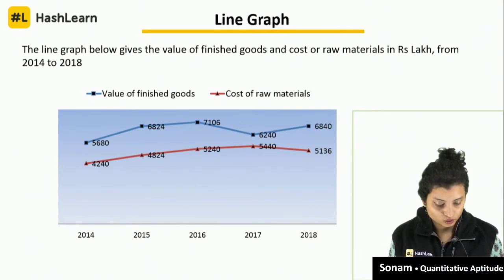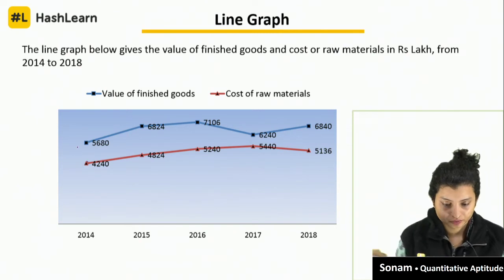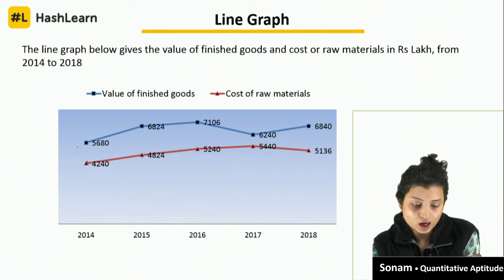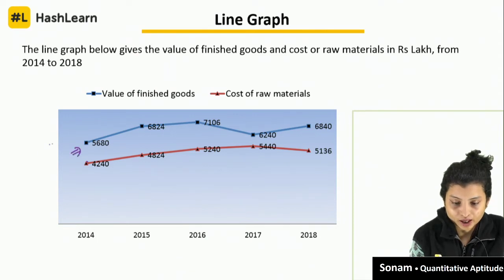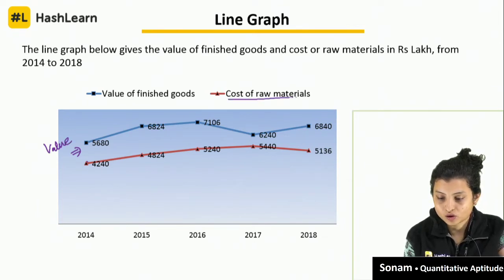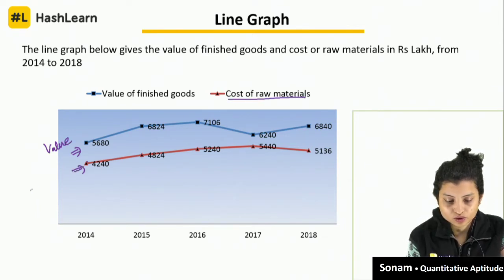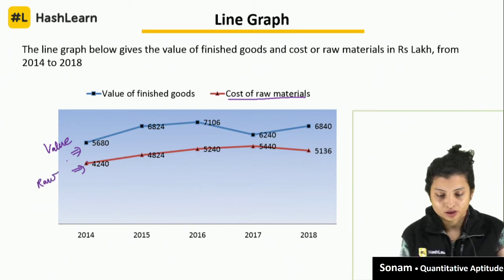Okay, so this one here is given to you as value of the finished goods. Okay, and this is cost of raw material. All right.